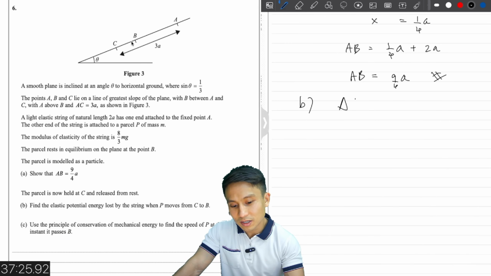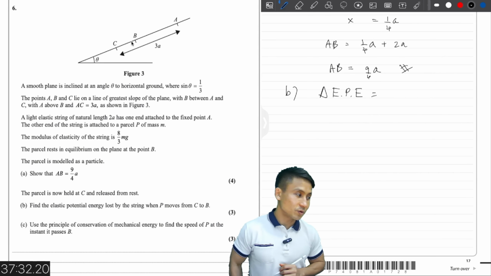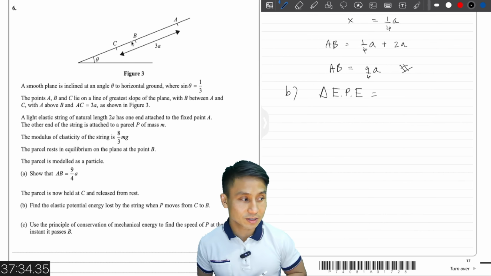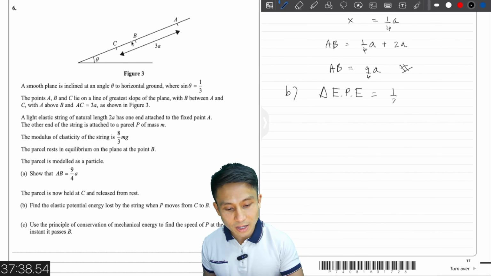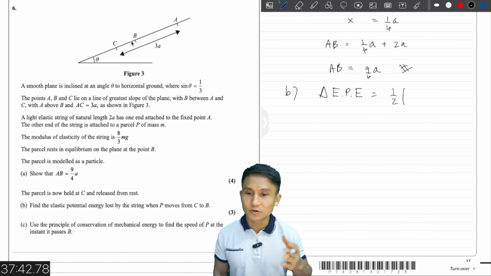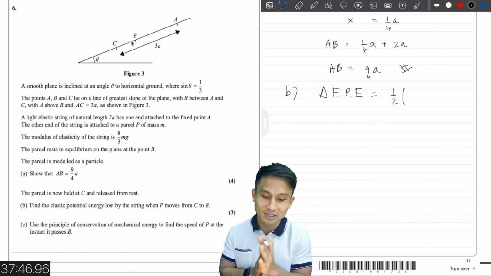So the change in elastic potential energy will just be, because we got extension at first, let me think about that, hang on. Yeah, it will just be 1/2 K. I mean, for those of you who do physics, probably most of you watching should do physics.